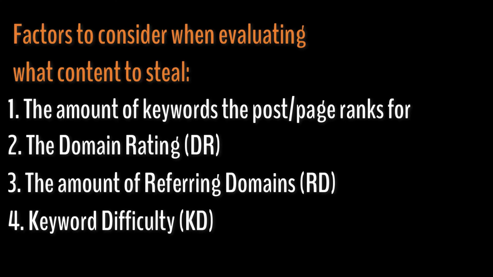Also, keyword difficulty, how difficult it is to rank for a keyword, which is also related to the amount of referring domains. That's a metric also between 0 and 100. And finally, and perhaps where you would start with all this, is the quality of the content. The quality of the content is your view of their content and the UX, the user experience that content provides.